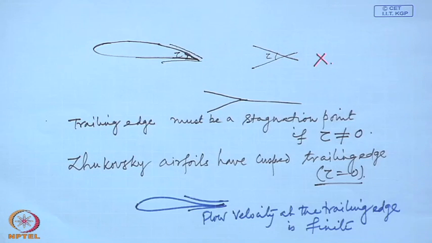Sometimes it may be 0, but it need not be 0 in general, it can be any finite value. So, this is the implication of that Kutta condition, that the flow must leave the trailing edge smoothly. Essentially that translates to this: if the airfoil has a sharp trailing edge, then the trailing edge must be a stagnation point, but if the trailing edge is cusped, the trailing edge angle being zero, in that case the trailing edge need not be a stagnation point, but the velocity at the trailing edge must be a finite value.